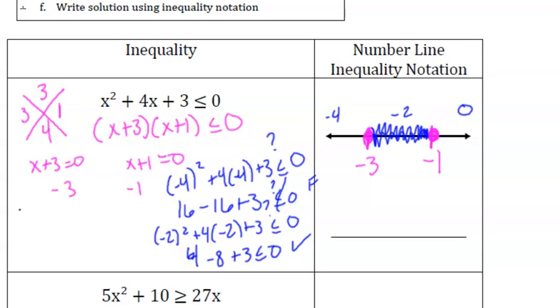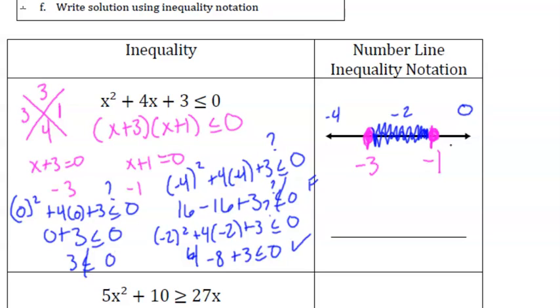And let's try 0. 0 squared plus 4 times 0 plus 3, is that less than or equal to 0? 3 is not less than or equal to 0, so that's false, so we're going to leave it blank. So our answer is going to be -3 is less than or equal to x is less than or equal to -1. And if you want to write it in interval notation, it'd look like this.